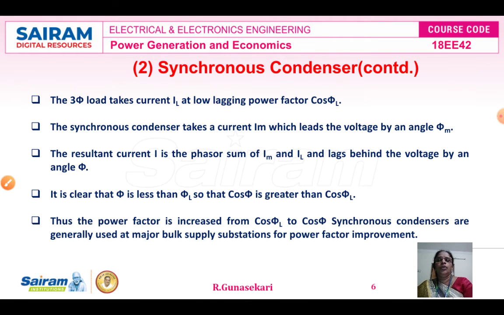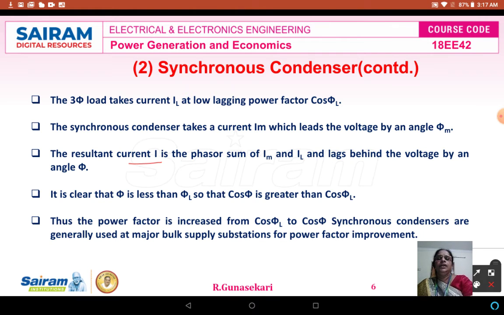Now you see the resultant current I is the phasor sum of IM, that is the synchronous condenser current, and the three-phase load current IL. But IM leads the voltage by an angle φM.